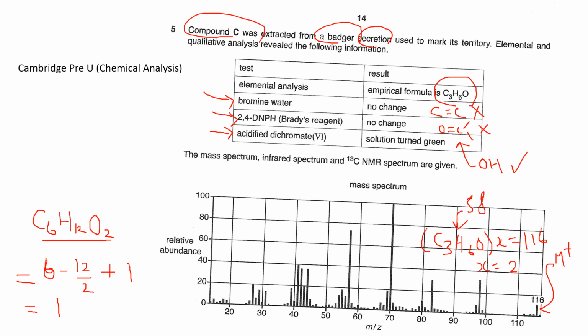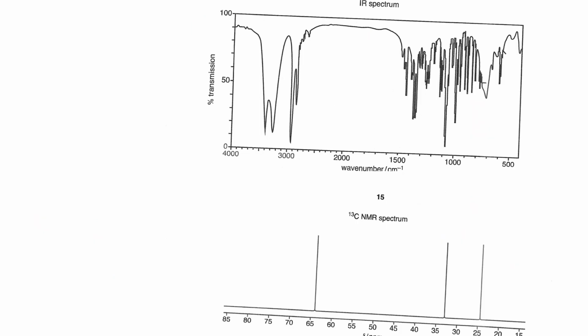Okay, let's see the next slide for more information about this compound C. The first one is the infrared spectrum, and the second one is the carbon NMR. Let's look at the IR spectrum first.